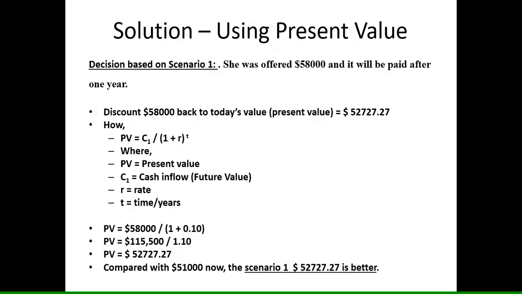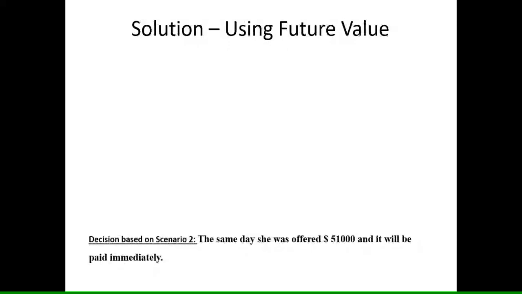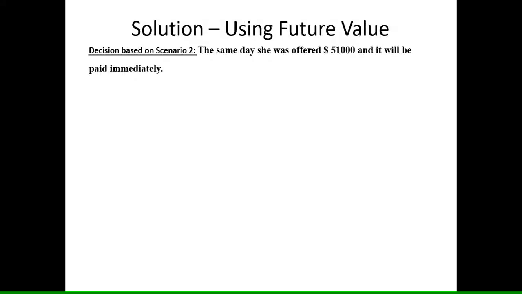Whereas if she chooses scenario 1, means if she agrees to get 58,000 after 1 year, this 58,000's present value is how much? Which we arrived at as $52,727.27. Hence, which is better? Scenario 1 is better.